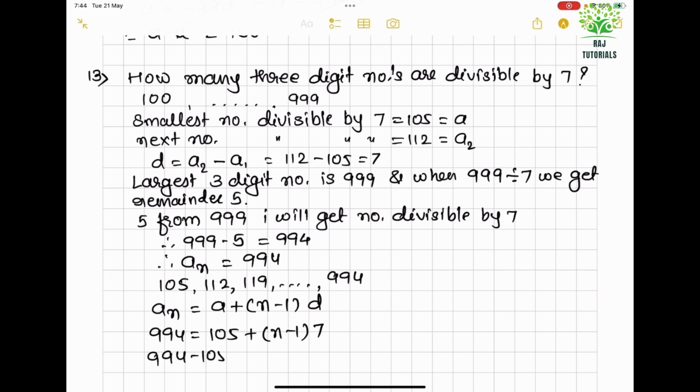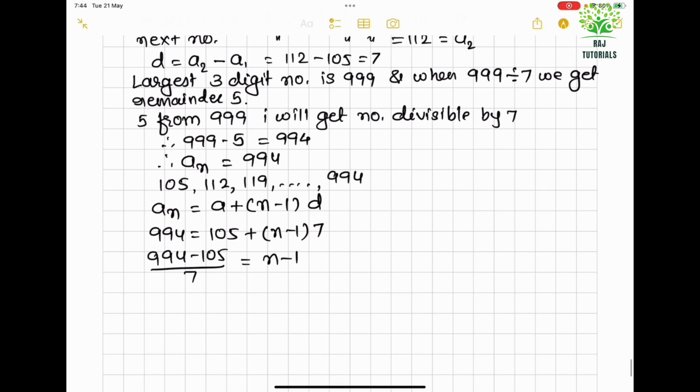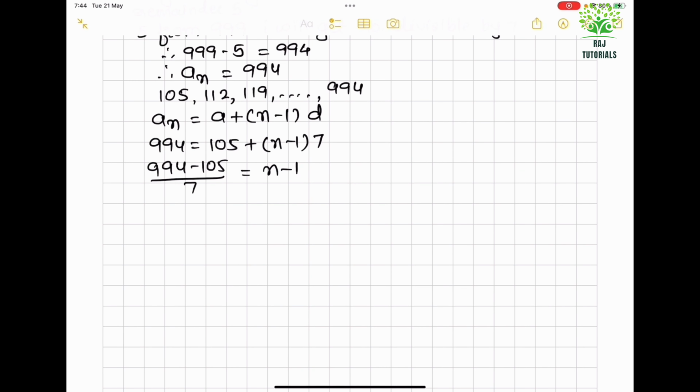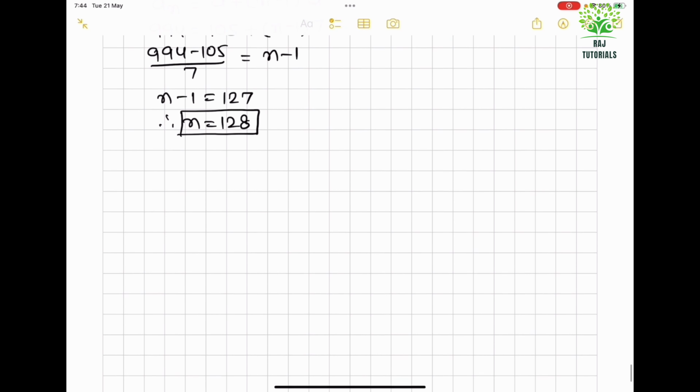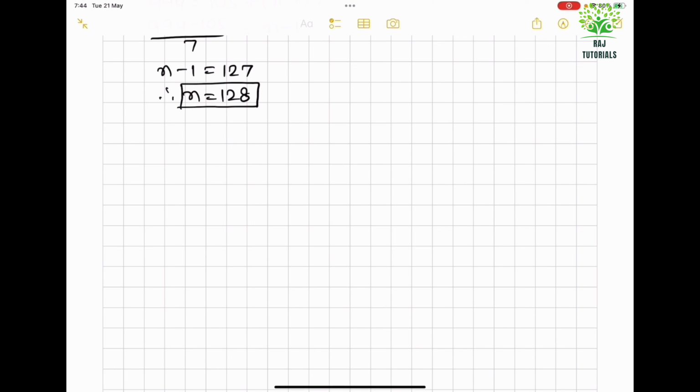So (994 minus 105) upon 7 will give me N minus 1. If I divide it, I will get N minus 1 equal to 127. Therefore, N equals 128. That means there are 128 three-digit numbers which are divisible by 7.